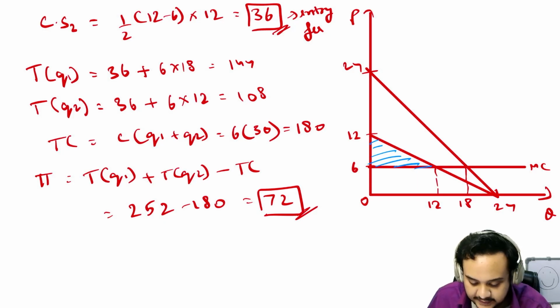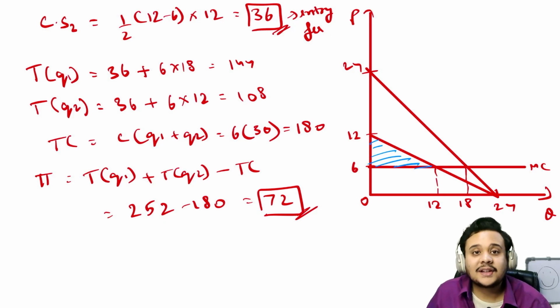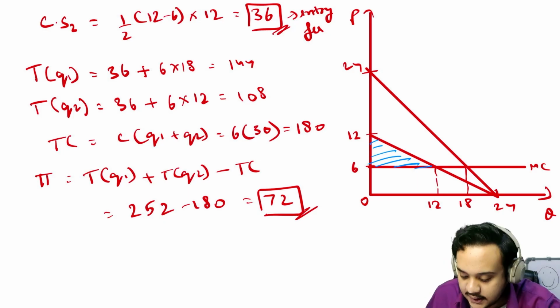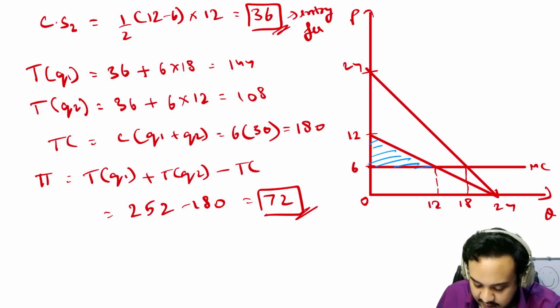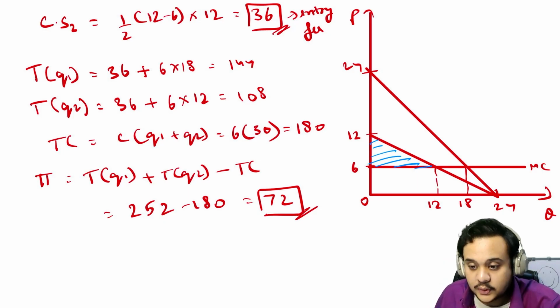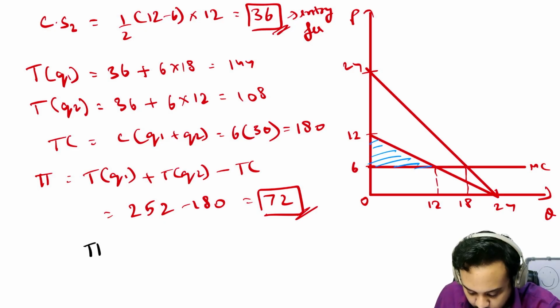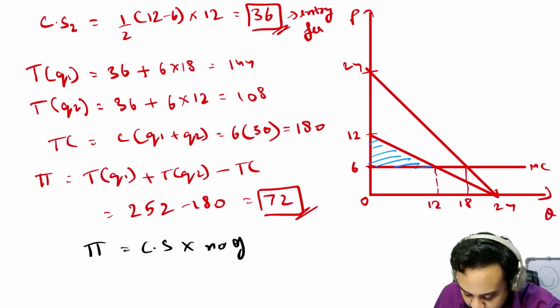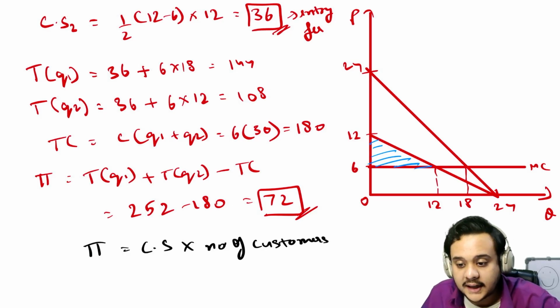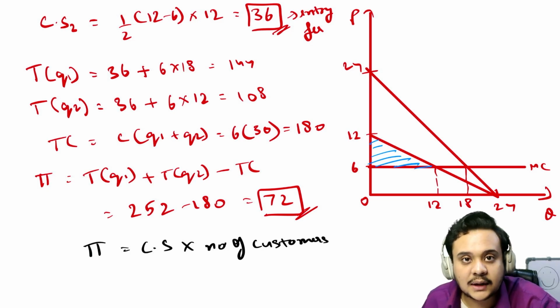Now there is one more method by which you can directly calculate the profit if nothing else is asked and only the profit is asked in the question. Profit is equal to consumer surplus multiplied by the number of customers. Suppose you get a trick question where there are more than two consumers and it is directly asked to just calculate the profit.